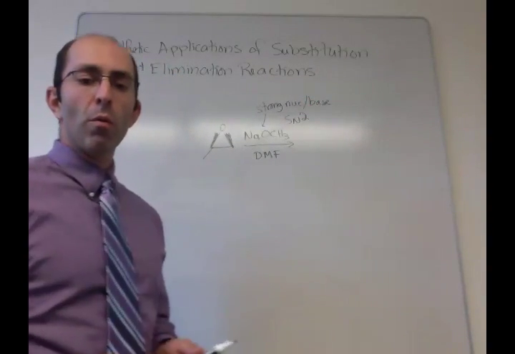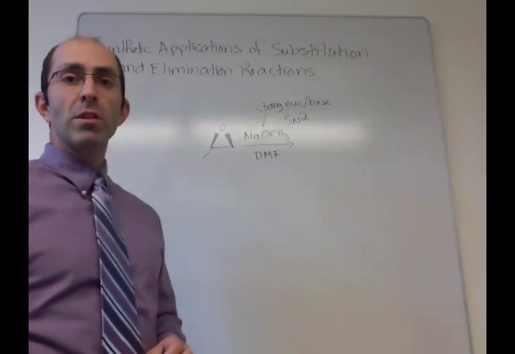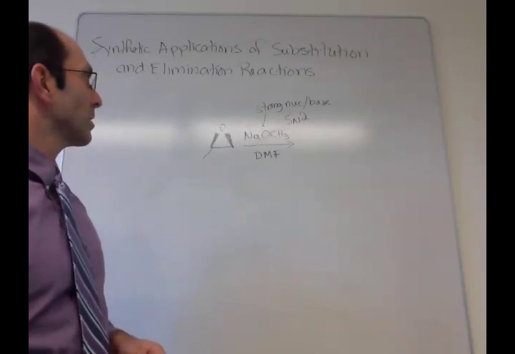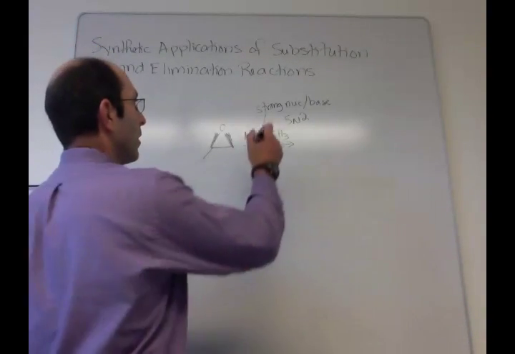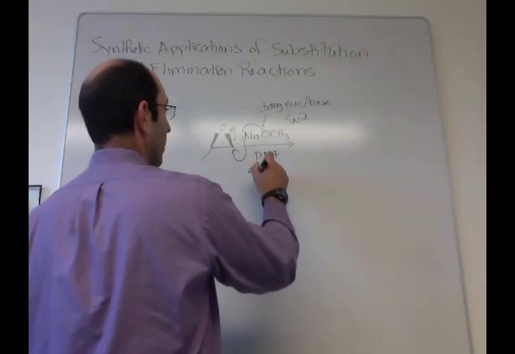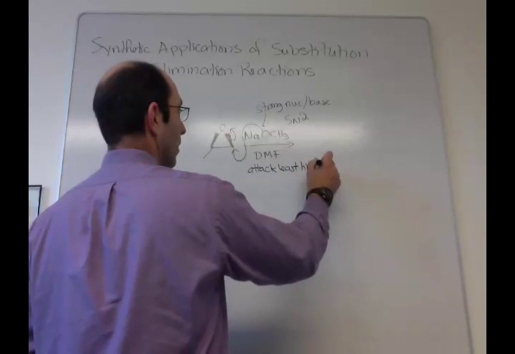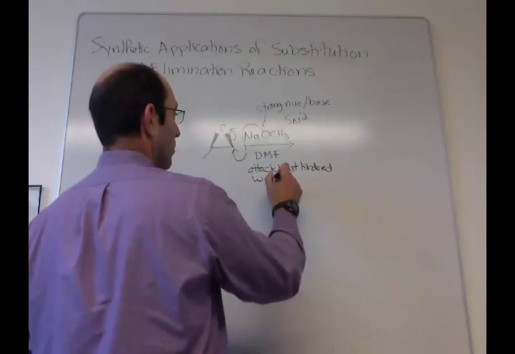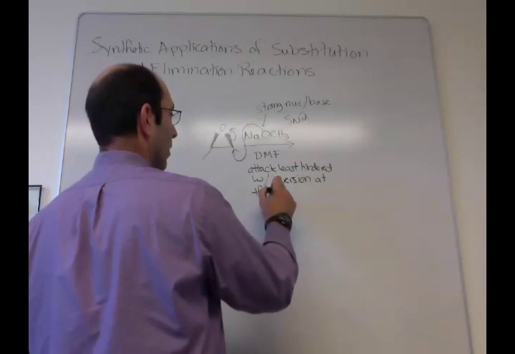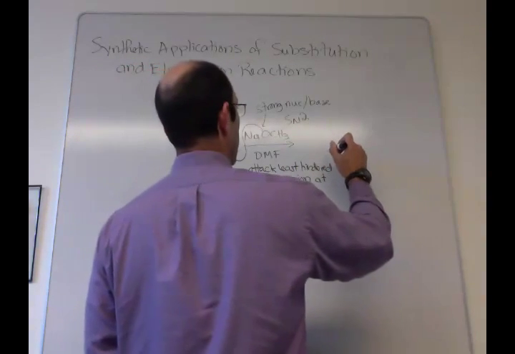When we think about which bond we're going to, or which carbon we're going to attack in the epoxide, we know that SN2 reactions are dependent on sterics, and so we're going to attack the least hindered carbon. So we'll attack with methoxide at this carbon. So we'll attack the least hindered, and we'll react with inversion at that carbon, and we'll open up the epoxide.